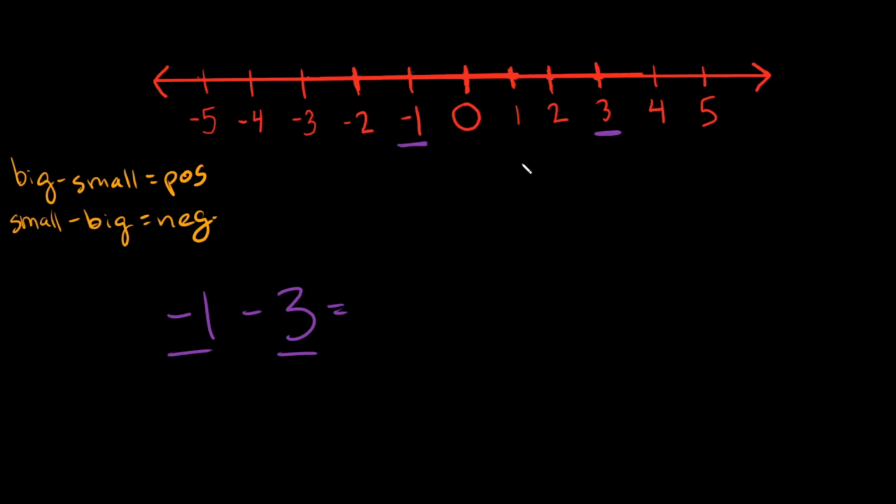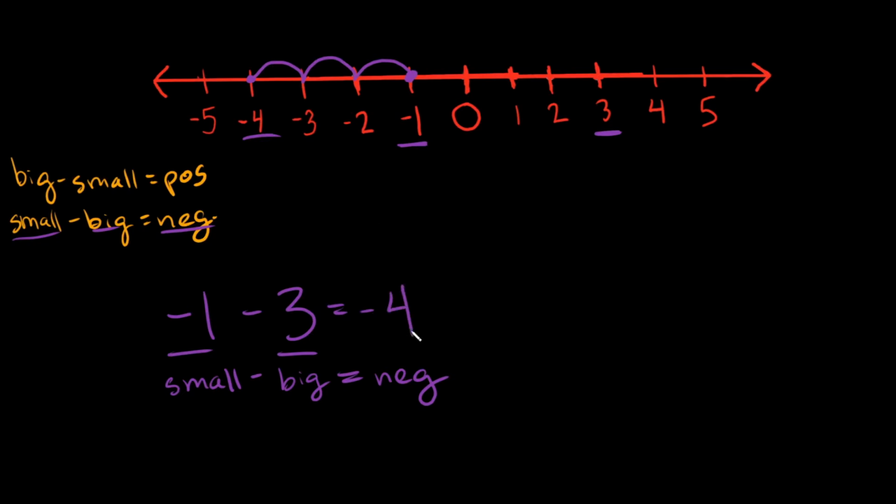So 3 is further to the right, so that one's big. Negative 1 is small. So we have a small minus big situation. Small minus big is negative. So negative 1 minus 3, let's go to our number line. We start at negative 1, we're going back 3 spaces. 1, 2, 3. Where did we land? Negative 4.